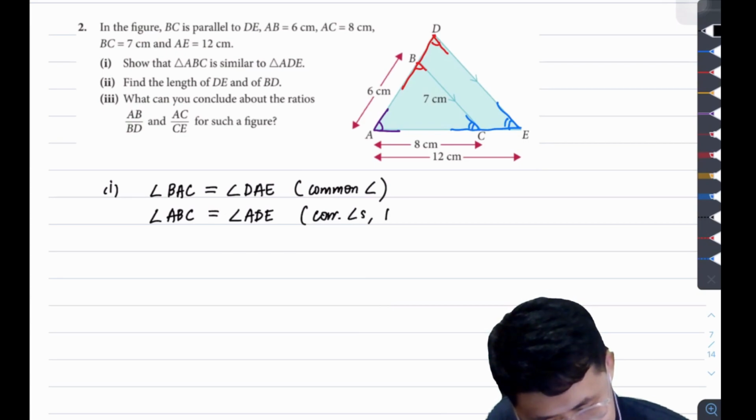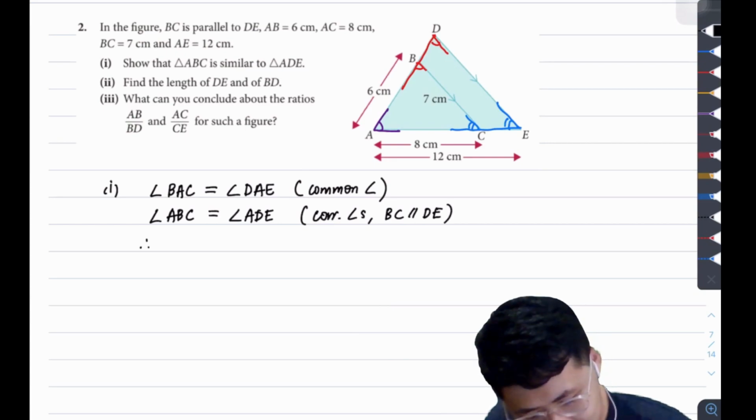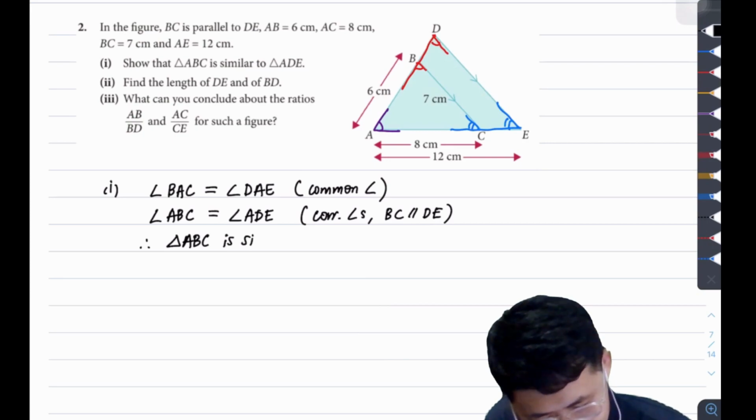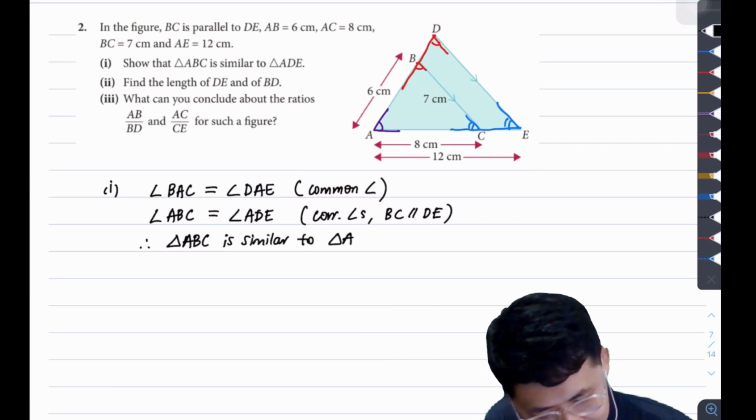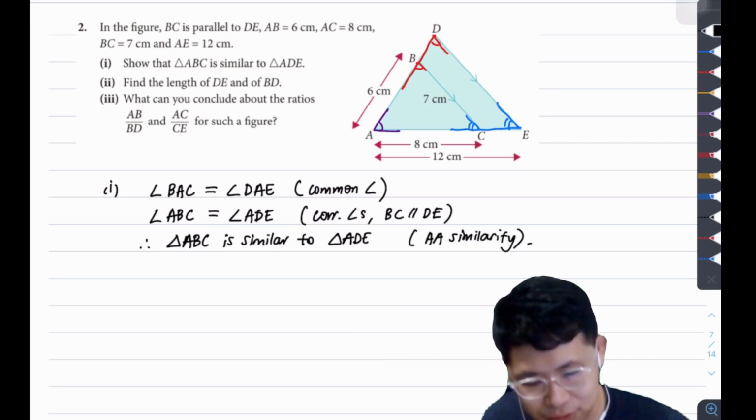The two parallel sides are BC and DE. So because of that, triangle ABC is similar to triangle ADE, and the reason is because of AA similarity, right? So must write the reason.